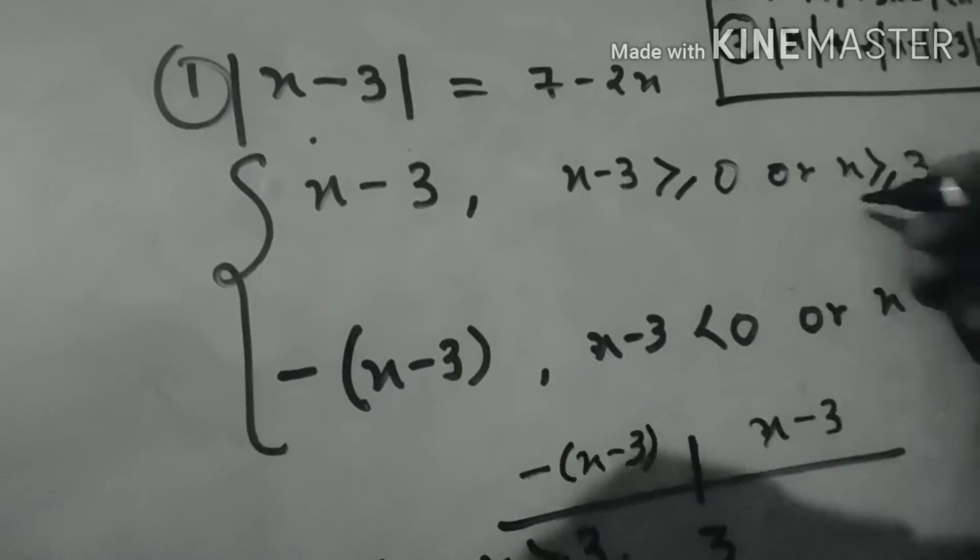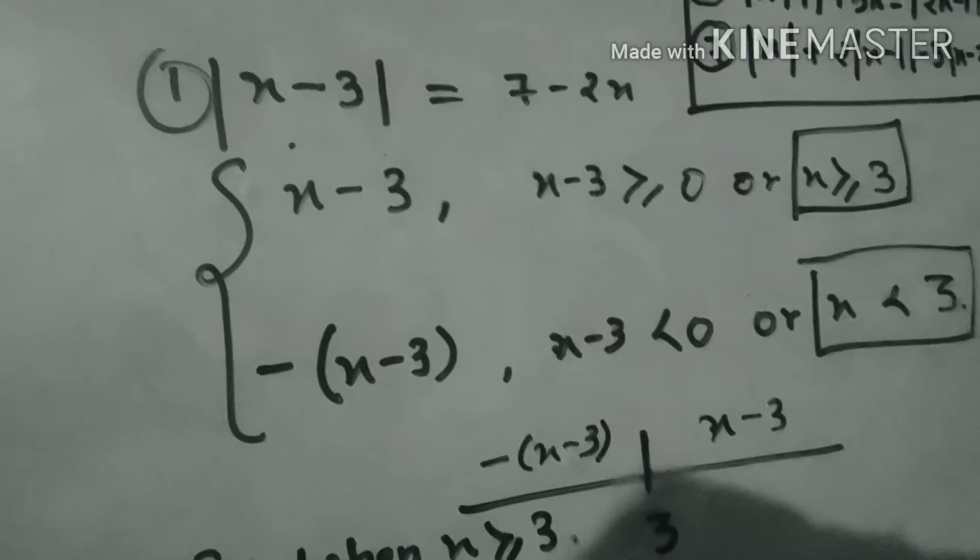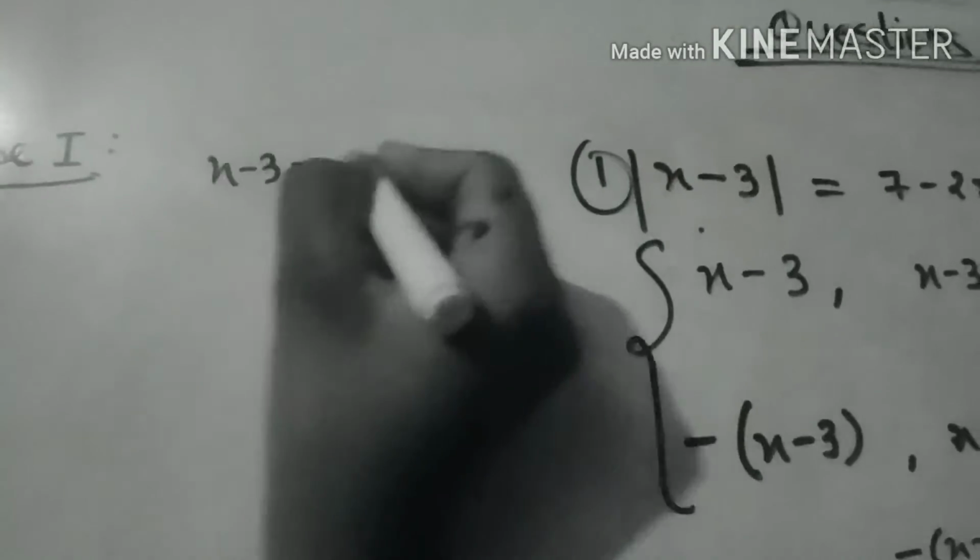We'll be solving each case and seeing if the solution, the value of x, satisfies the condition. If it satisfies, that will be the value. So case 1 we will solve first. Case 1 was when x is greater than or equal to 3, and then the value of modulus x minus 3 is x minus 3. So it will be x minus 3 equals 7 minus 2x.